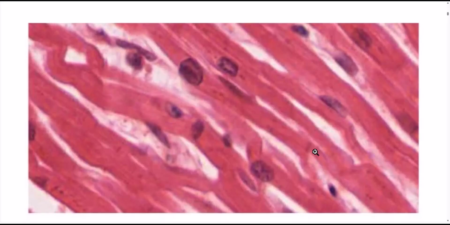And while this picture doesn't have intercalated discs quite as distinct as I'd like to see, there are these intercalated discs along the way. They're just not quite as strong as we'll see in some other images. And those intercalated discs are a telltale sign that you are looking at cardiac muscle. So if you see the branching pattern and you see intercalated discs, you are definitely looking at cardiac muscle tissue.